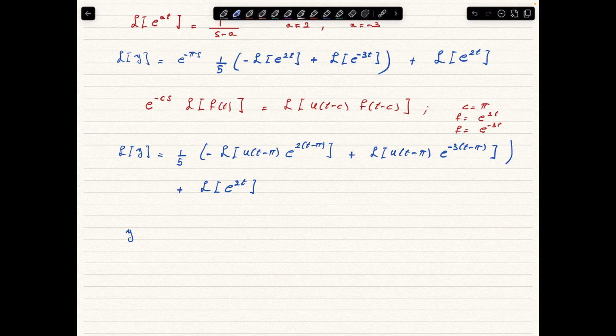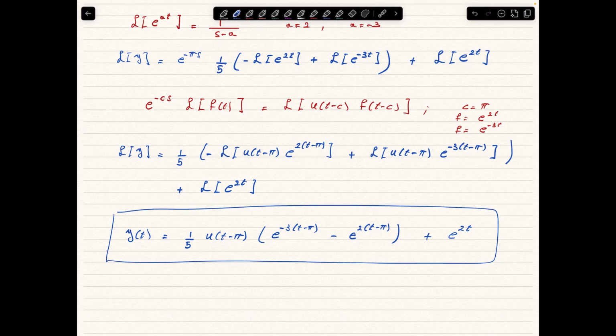From here we conclude that our function is going to be the 1/5. Then we are going to have a step t minus pi as a common factor from the exponential negative 3(t minus pi) minus, this is ugly, the exponential of 2(t minus pi), and we need to add the exponential 2t.